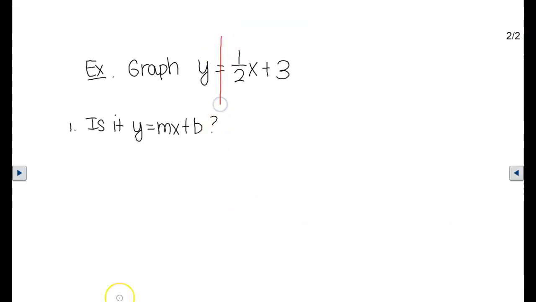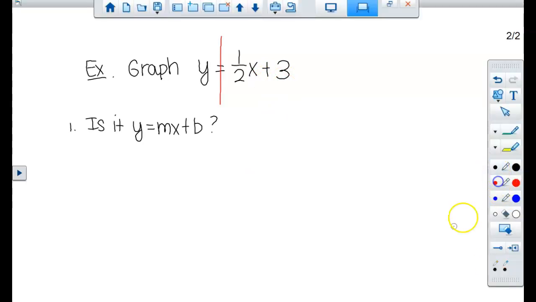So if I draw my line through the equal sign, I see the y over here by itself, just like it is right here. And then I see 1/2 x plus 3, so mx plus b. So the answer this time is yes, it is y equals mx plus b.